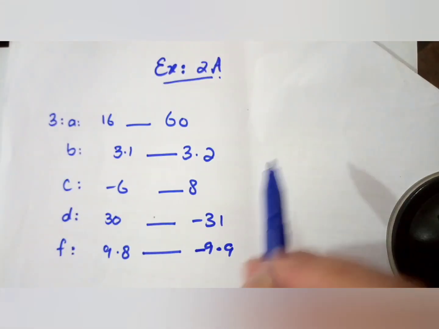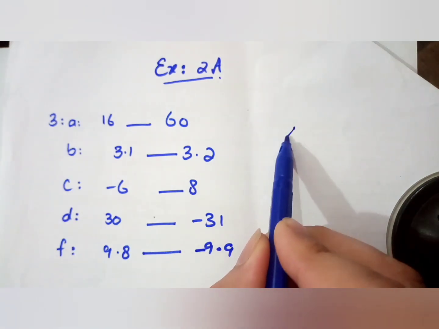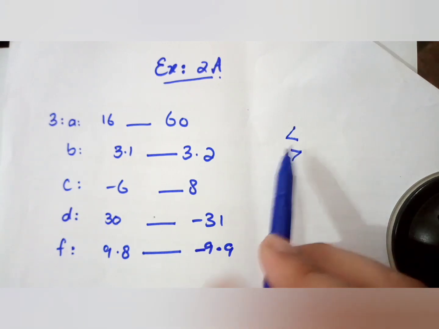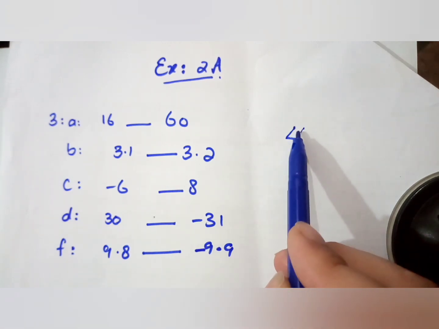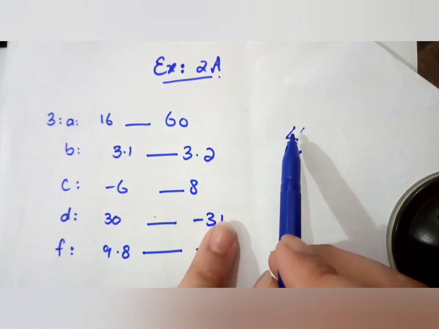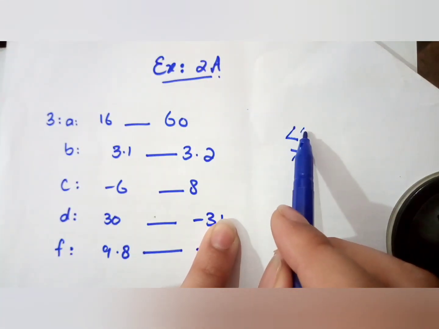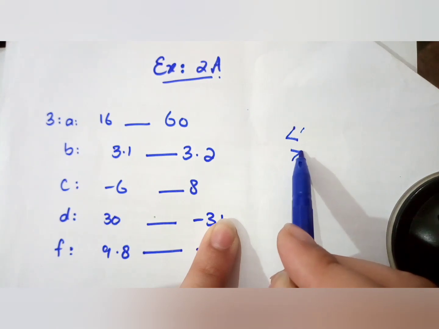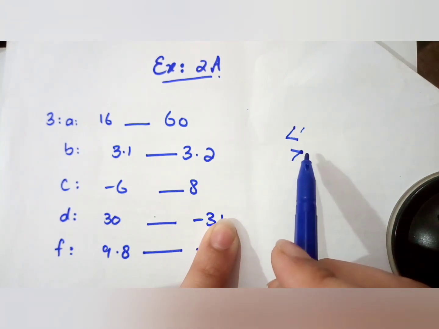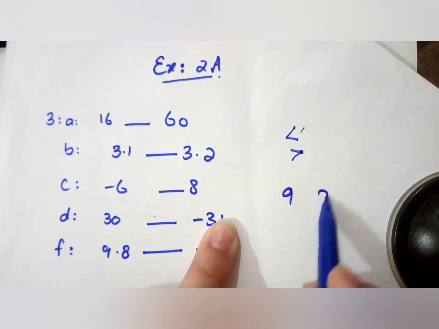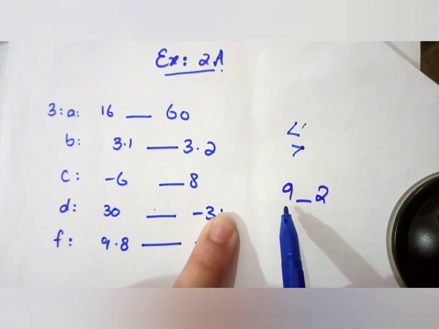As two signs are given in your question, first is this and second is this. First of all, understand the logic. The sign's face that has the open mouth is turned towards the term which is the greater one, and the closing mouth indicates that this term is smaller. Suppose I write 9 and 2, you can identify which term is greater.